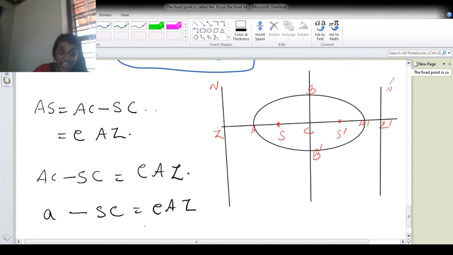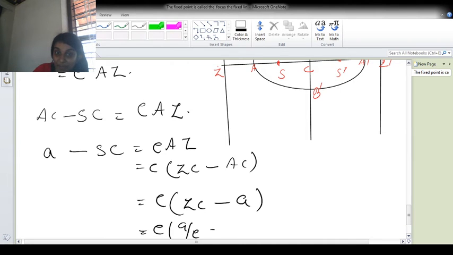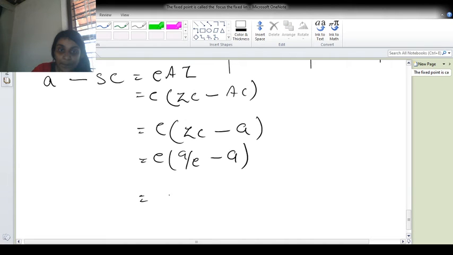A set can be written as E set C minus A, so what is set C? I got A by E minus A. So I got A minus AE.